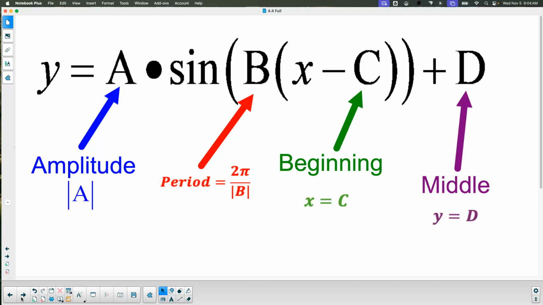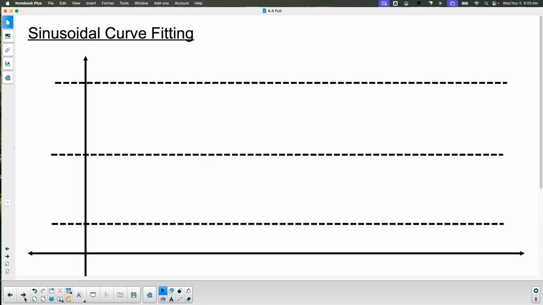Today, what's going to happen is we are going to go in reverse. Instead of us asking you to produce the graph, we're going to give you the function and ask you to produce the equation.